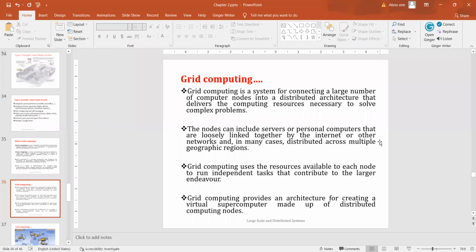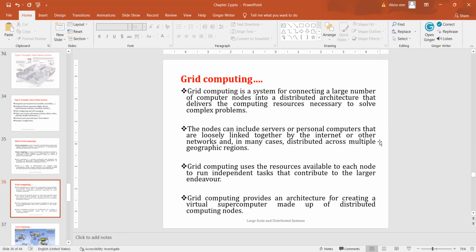With grid computing, its architecture can create virtual supercomputers by combining various distributed computing nodes.